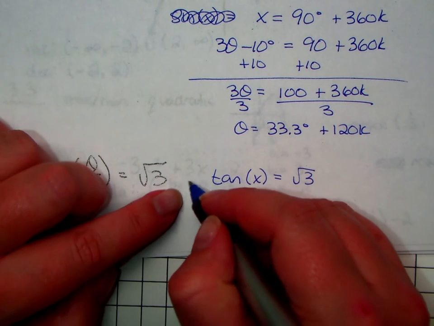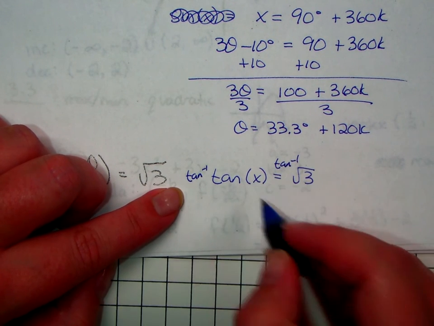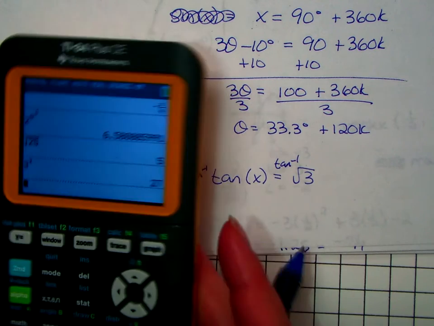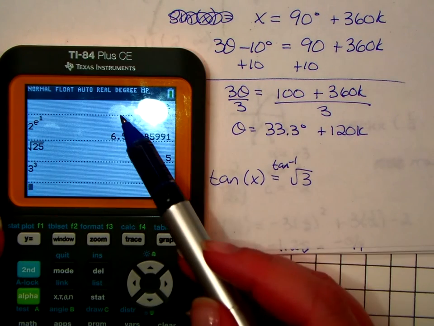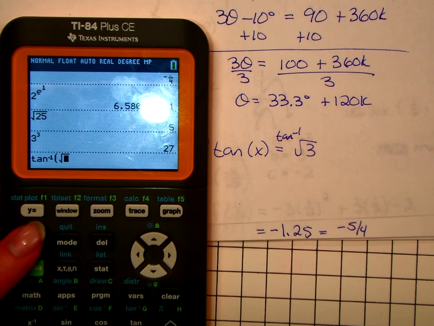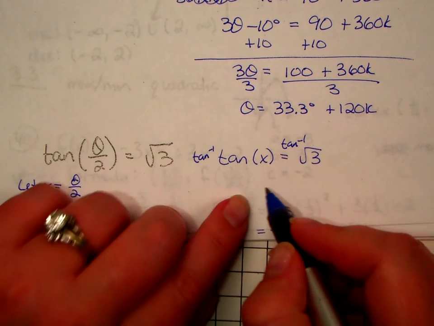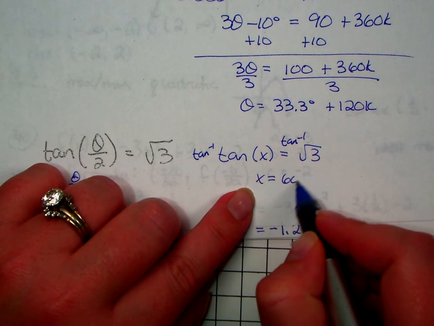So we can tan inverse this. We could use special triangles also, but let me tan inverse this. I want to make sure I'm in degree mode here. So tan inverse of square root of 3 gives 60 degrees. X equals 60 degrees.